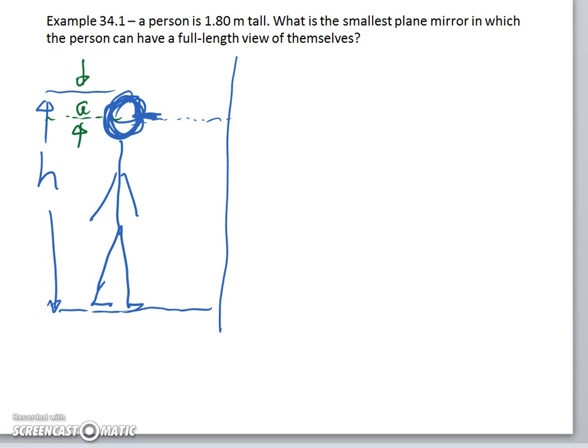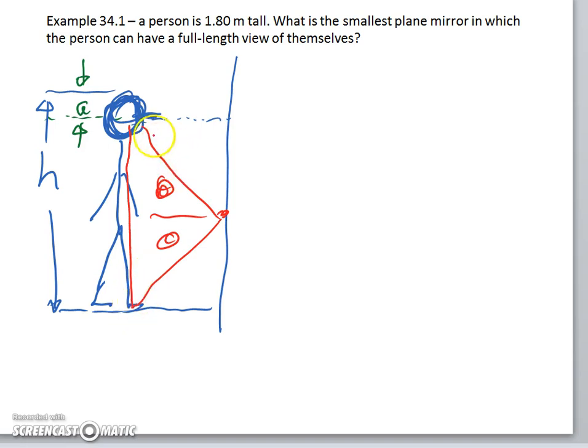Alright, so let's first of all think about what we know about reflection. And what we know about reflection is that the angle of incidence is equal to the angle of reflection. So assuming that the person's foot is immediately below their eye, to have an equal angle of incidence and reflection, these two angles theta will be the same, and this is an isosceles triangle.